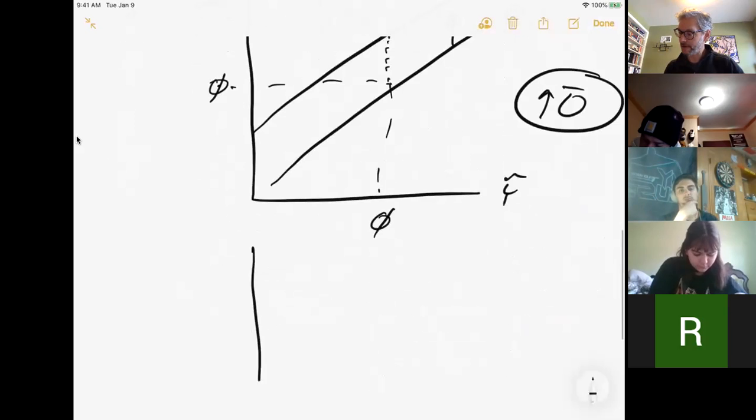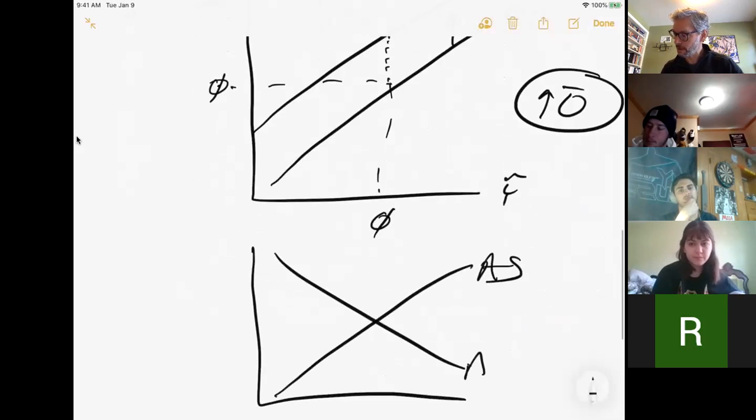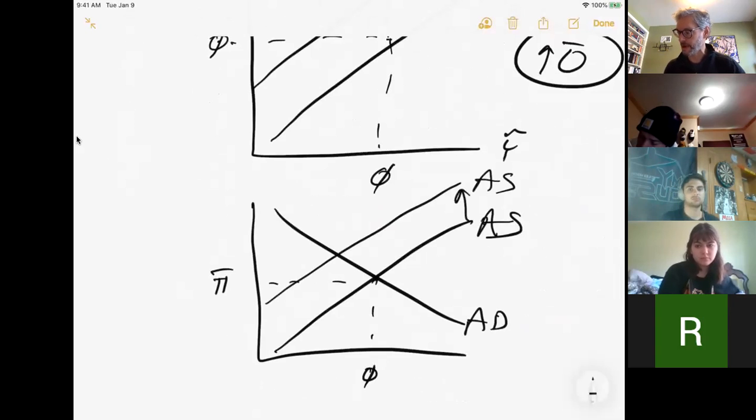What happens to our aggregate supply curve? In terms of aggregate supply, aggregate demand, this negative supply shock is going to shift our aggregate supply curve up in the first period, okay?